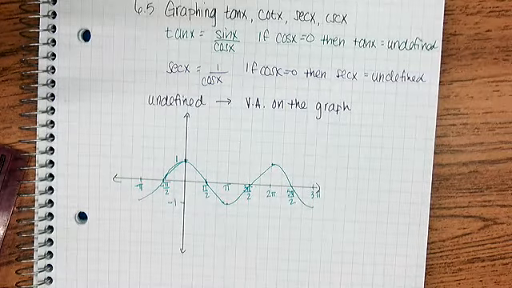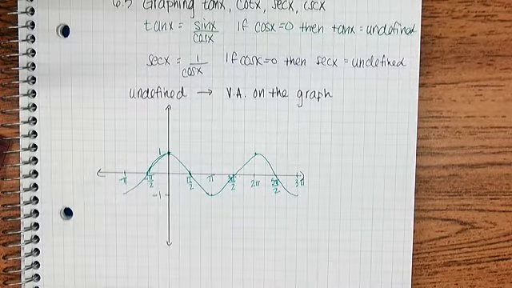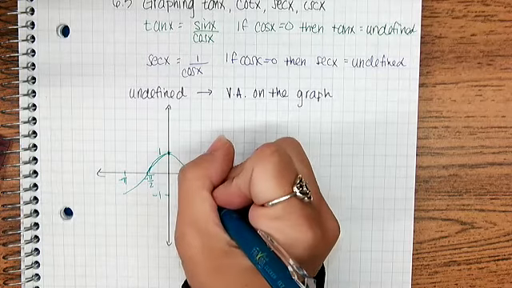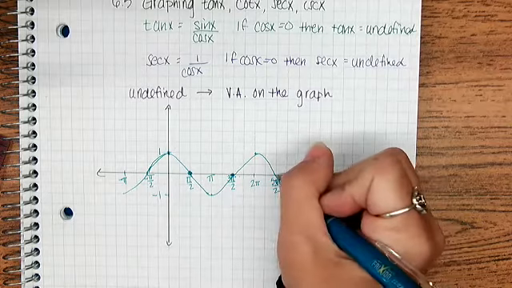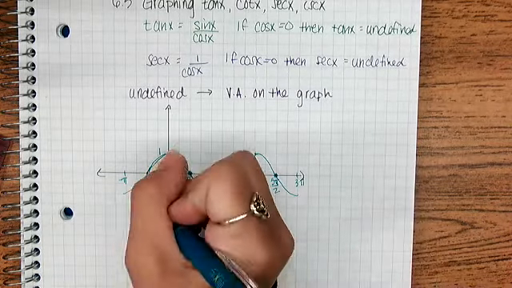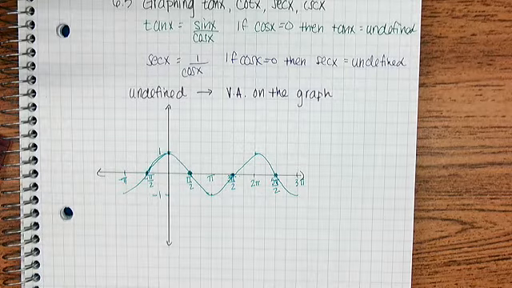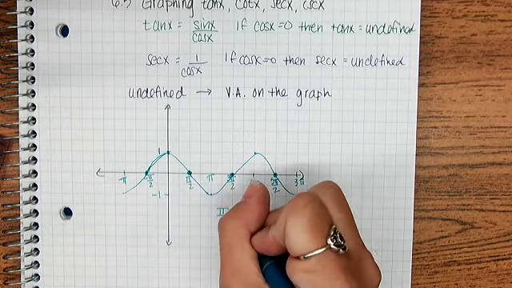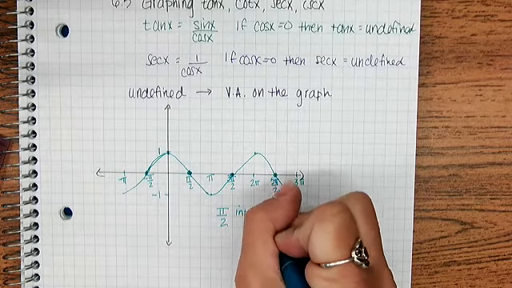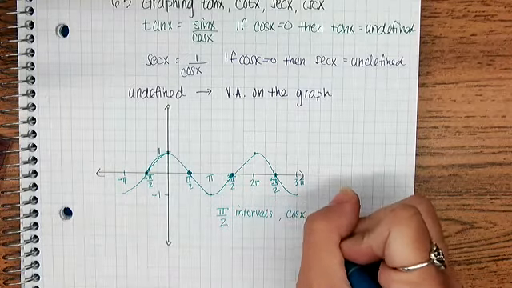Okay, so where is the cosine 0? The cosine is 0 at pi over 2, 3 pi over 2, 5 pi over 2, negative pi over 2, etc. So at the pi over 2 intervals, the cosine is 0.